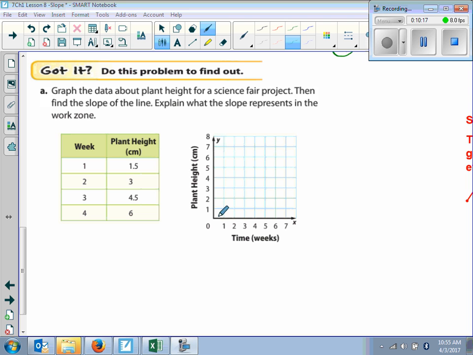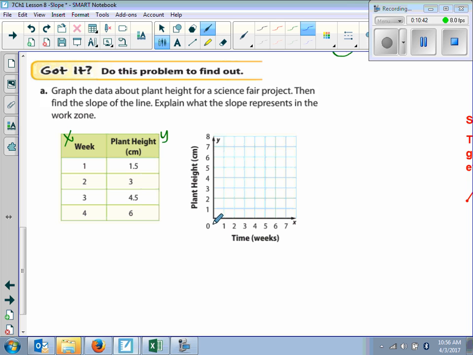Now you can see that we have time in weeks, that is our x value, and the plant height is our y value. So we graph (1, 1.5), (2, 3), (3, 4.5), and (4, 6).